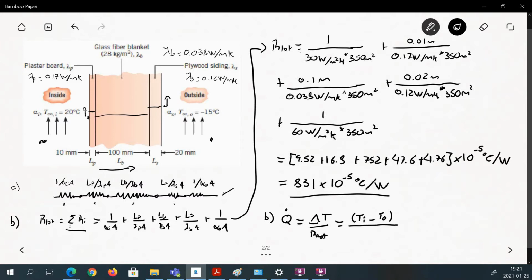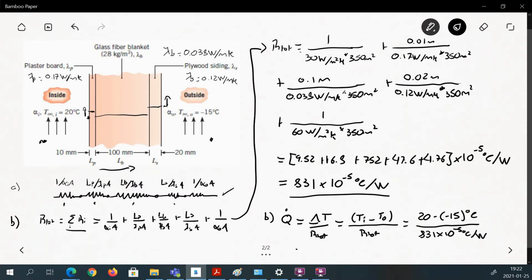This over R tot. And we replace the values. We got 20 minus 15. This is grade centigrades over R tot, which is the one that we just calculated, 831 times 10 to the minus 5 grade centigrades over watt.